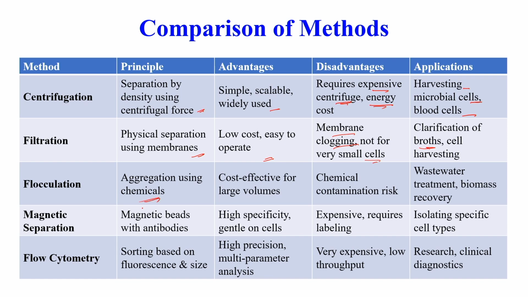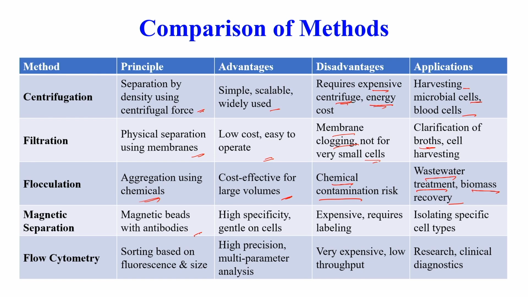Flocculation uses chemicals to aggregate cells. It is again low cost for large volumes, and the challenge here is chemical contamination, because you are adding flocculants that are chemicals. So it is mostly used in wastewater treatment, and sometimes also applied in biomass recovery and recycle.